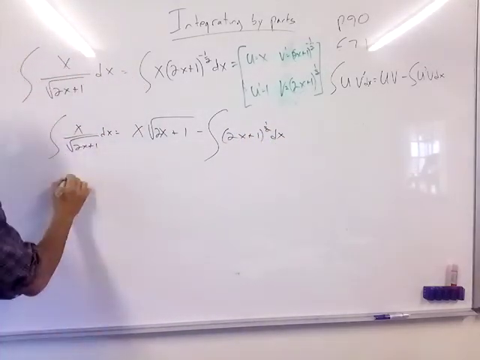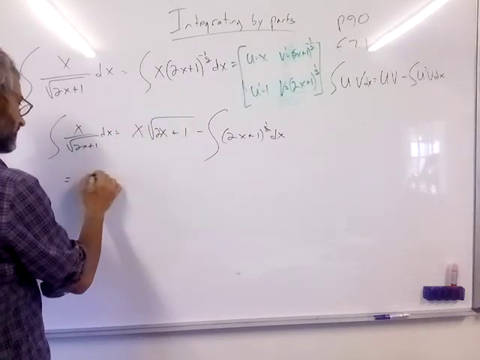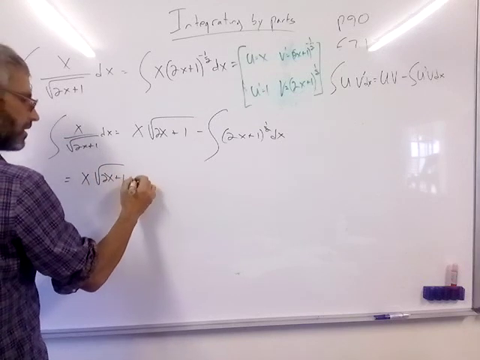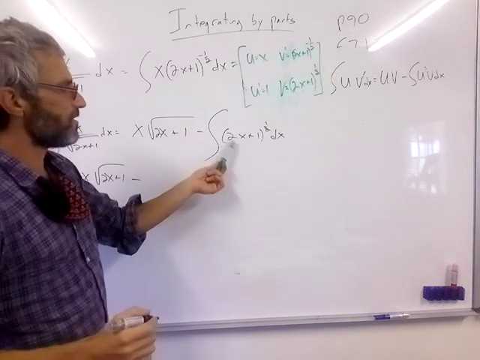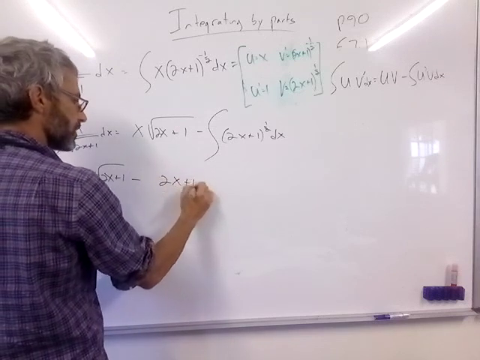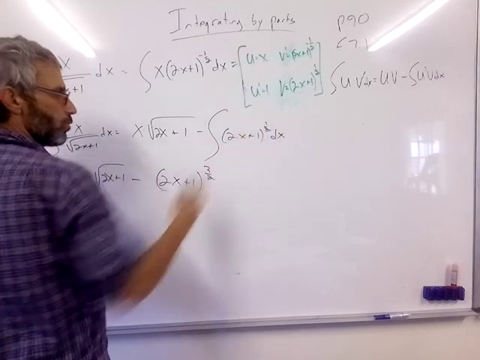Okay, now let's see if we can do that. The first one looks complicated, but it's not under the integral sign, so there's no problem there. That's already made. Minus, what's the integral of this? Well, I'm going to have (2x plus 1) to the power 3 over 2, right? So 3 over 2 minus 1 will be half.